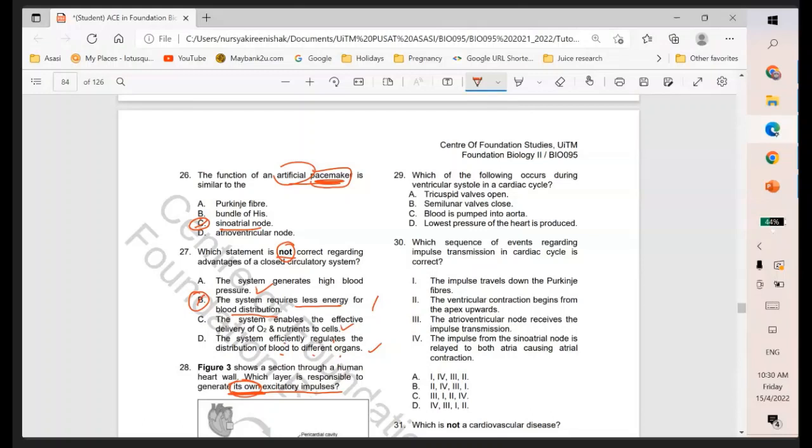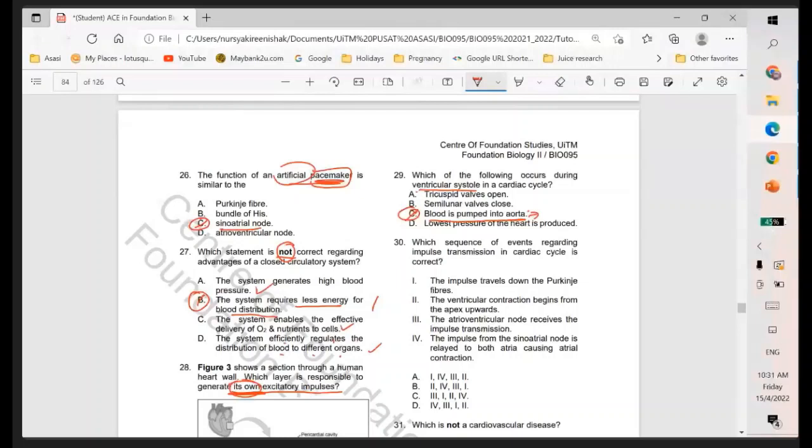So the blood that is pumped into the aorta comes from which ventricle? Left ventricle. If the right ventricle, blood goes into the pulmonary artery, into the lung. Okay, thank you.